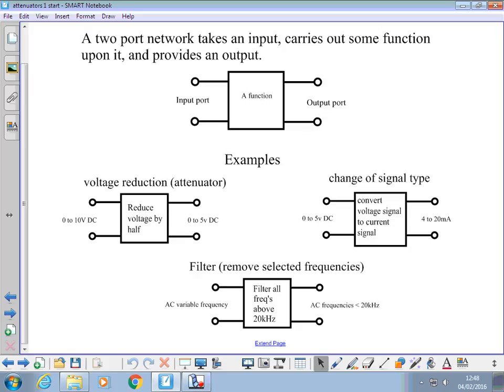Power attenuation too, so you may want to reduce power as well. More about that when we get to it. Sometimes there are other reasons to put attenuators in for purposes of impedance matching, and we're going to touch on that a little bit, but not too much.